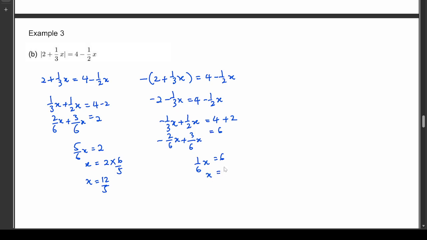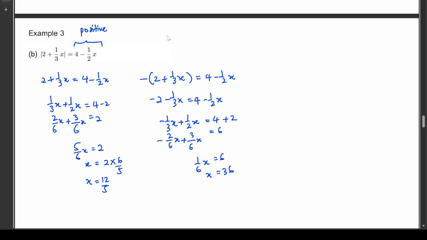And x equals to 36. Now, here, when you have this type of linear modulus, you need to make sure that the answer is positive. That means you need to make sure the right side here is positive.